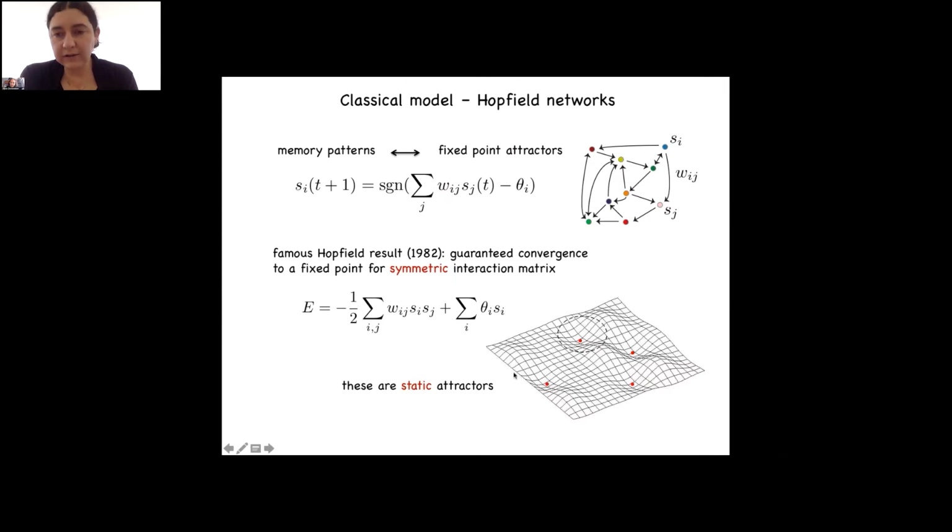These are static attractors, and I will make the distinction between static and dynamic attractors later in this talk. Essentially, the attractor state really is just neurons that are firing and keep firing at a steady state, or an equilibrium point of the dynamics. The second important point is that he was able to prove this for a symmetric interaction matrix. In other words, this W matrix, which is governing the interactions between pairs of neurons, needs to be symmetric in order for this energy function proof to work.